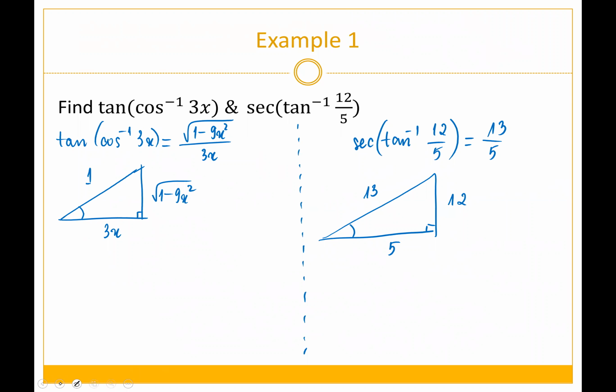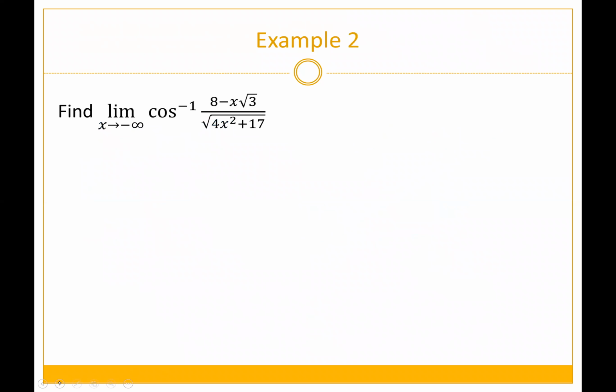Okay, so let's go to the second example. Find the limit as x approaches negative infinity of the inverse cosecant of that. First we have to find this limit before we can use the inverse function to give the value.